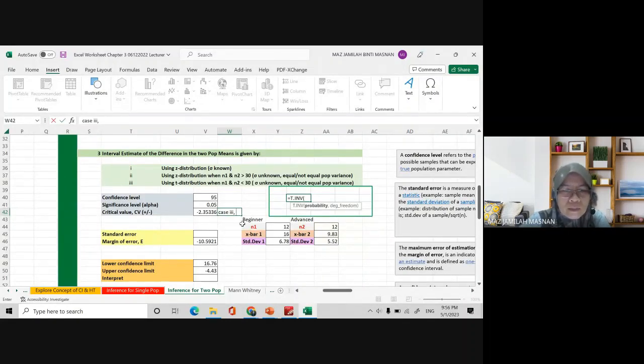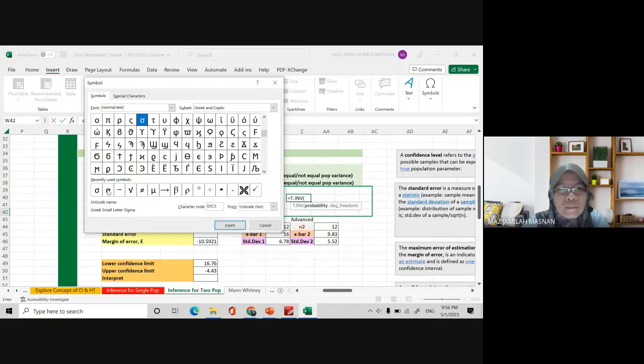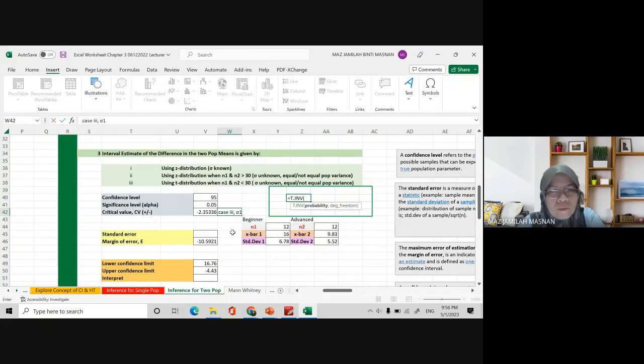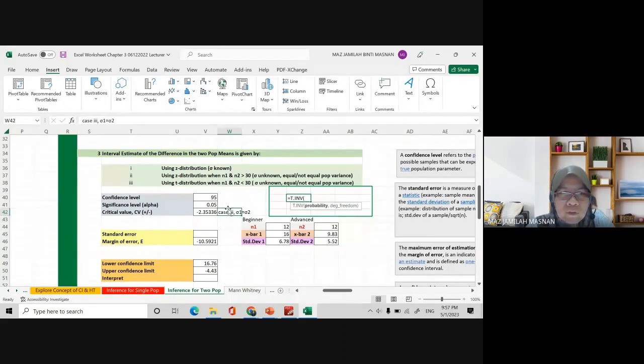Sigma 1 is equal to sigma 2. We assume, because we don't know the condition. Let's say we assume sigma 1 is equal to sigma 2. So this one should be used for the margin of error calculation.